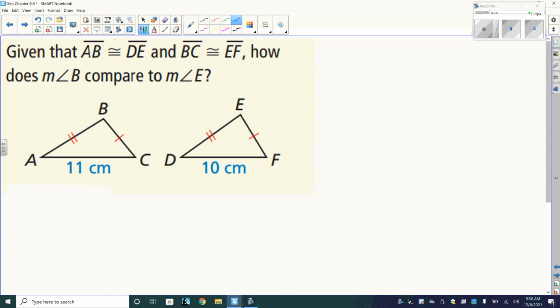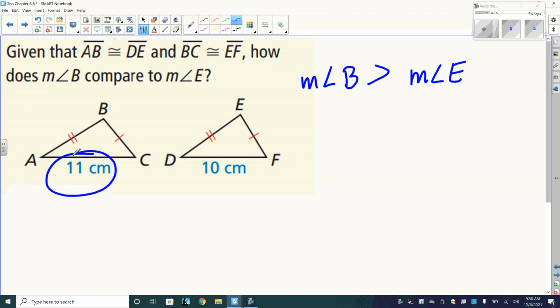How does the measure of angle B compare to the measure of angle E? Which side length is greater? The side length of 11, yes, so angle B has to be bigger, because the bigger angle is opposite the bigger side. That's it. Questions on these two here?